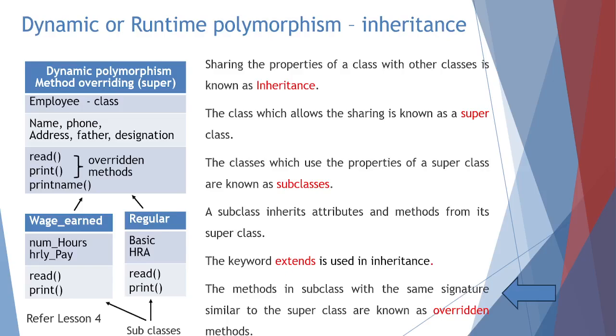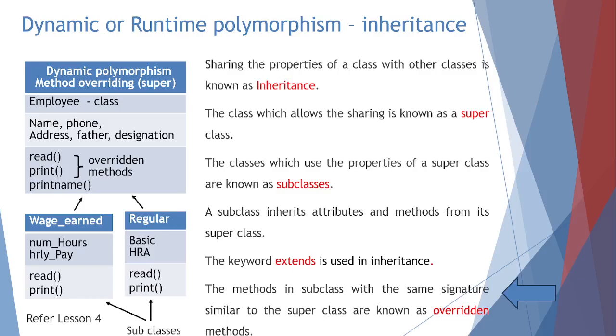In inheritance, the signature must be same. If we write public void read, in wage earned and regular also public void read only. If we write void print, in wage earned and regular, it should be void print only. Signature is not changed in inheritance.